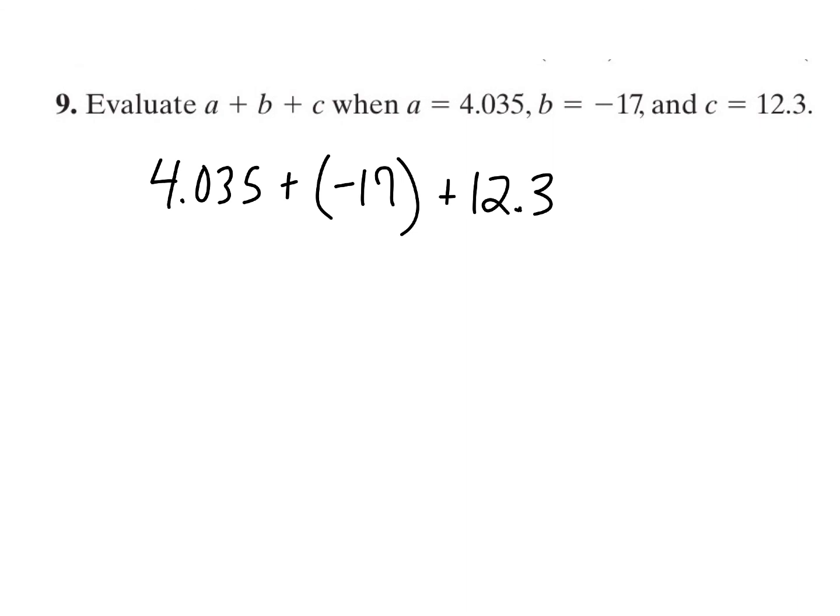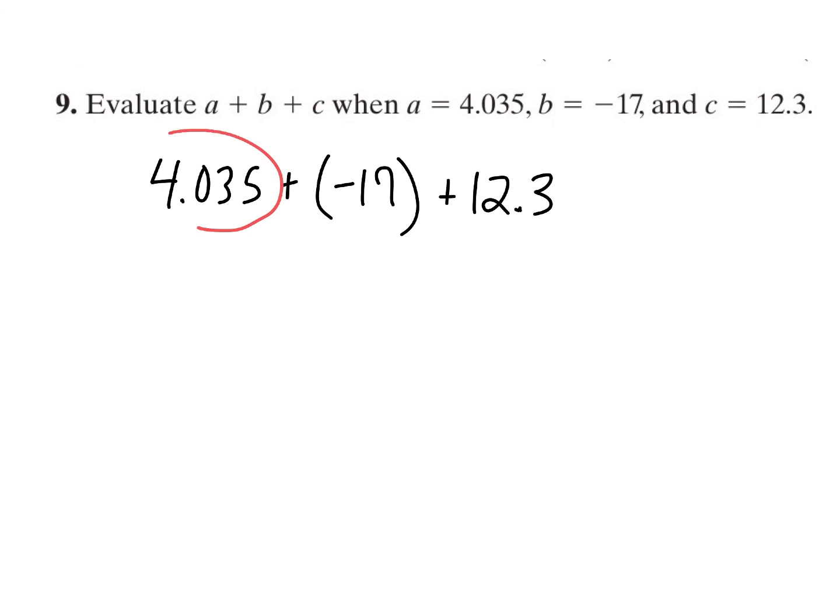On this problem, it happens to be all adding. Like I said, if you have any subtractions, you can go ahead and add the opposite on those. At this point, though, since this one is all adding, remember addition is commutative, which means we can change the order.